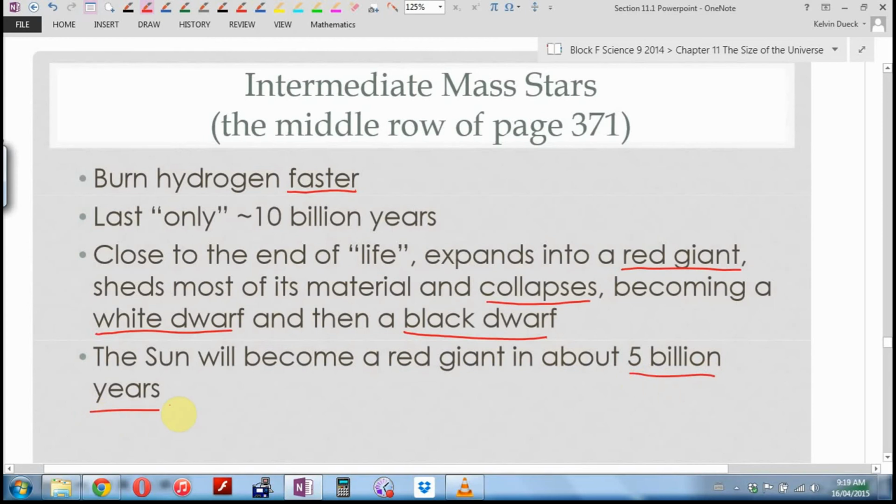It'll expand. According to the mathematical models, Earth is right on the edge. It might expand and swallow up the Earth, or it might get really, really close to the Earth and just burn it to a crisp, but not actually swallow it up. Depends which mathematical model you use. We would hopefully be long gone and have colonized elsewhere.